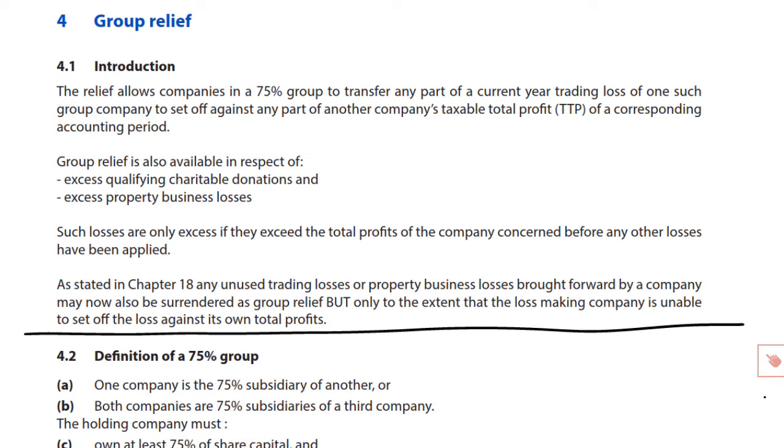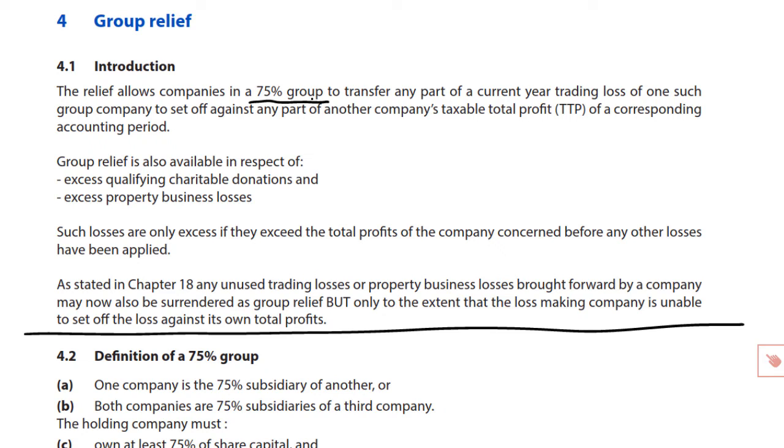Okay, so what have we discovered in that little introduction to group relief? As we knew from our original introduction, you've got to be in a 75% group. Now, we'll define that more specifically in a short while. Again, there's no problem in interpreting it when dealing with a direct subsidiary. The parent company owns 75% or more of the shares directly in its subsidiary.